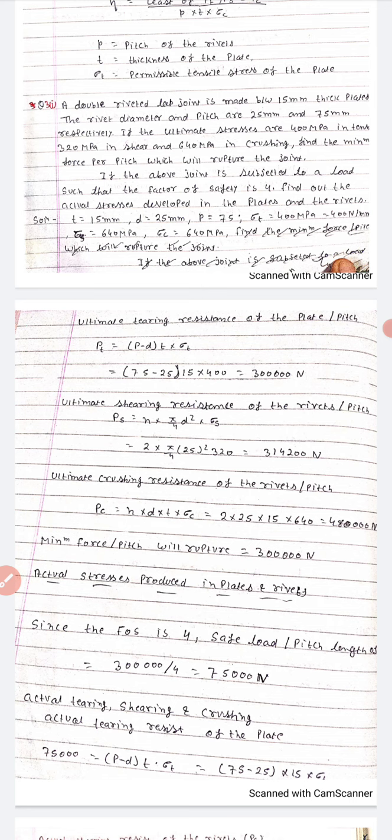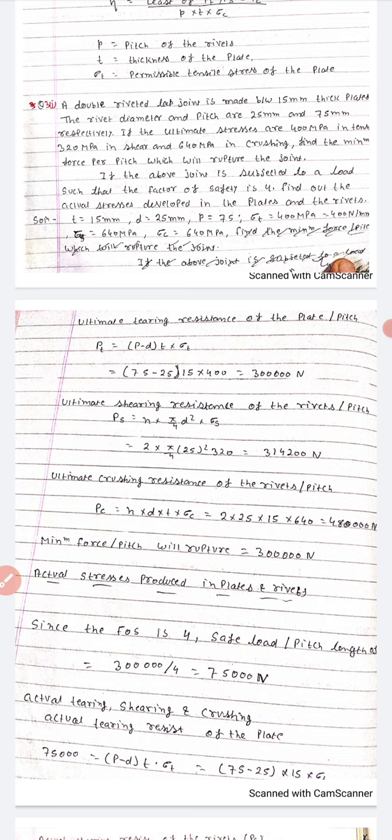Okay, now if the above joint is subjected to a load such that the factor of safety is 4, find out the actual stress developed in the plate and the rivet.